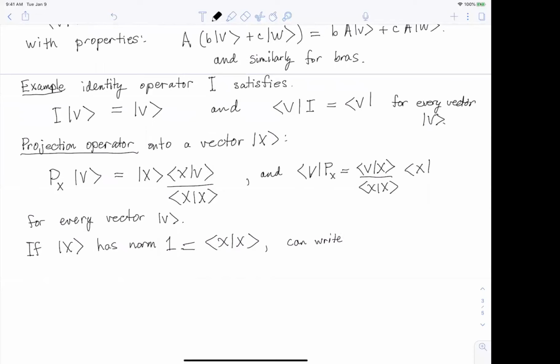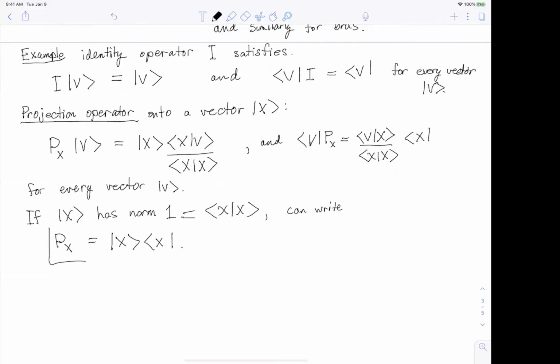You can just write that the projection operator P sub x is ket x bra x. And so that's our definition of the projection operator when it has norm 1.